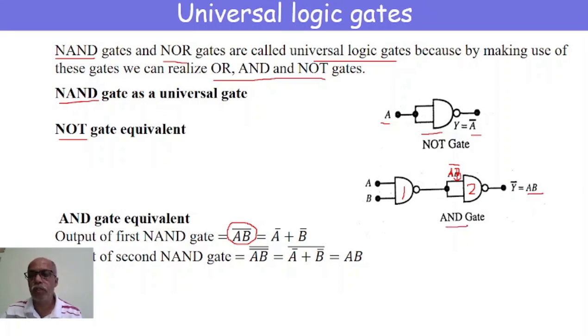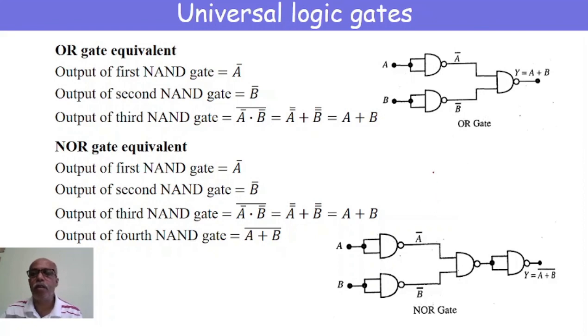So we are getting the output of the AND gate using two inputs and two NAND gates. This is how we realize the AND gate by making use of two NAND gates.